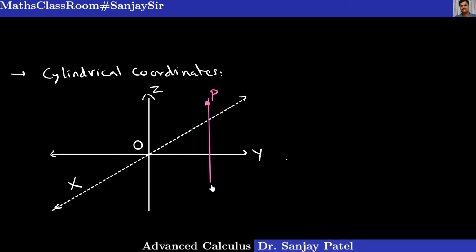Then we join the foot of the perpendicular, say M, with the origin, and the length of this OM is denoted by r.